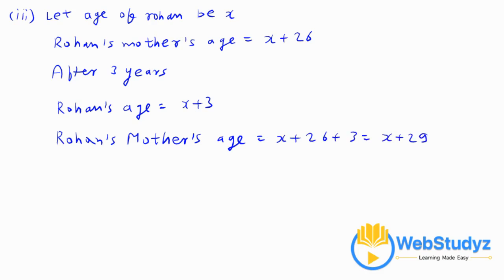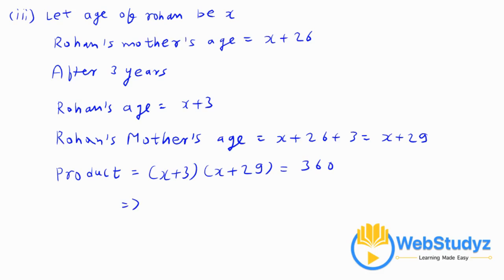Now, as given, the product of their ages after 3 years, which is x plus 3 into x plus 29, is 360.